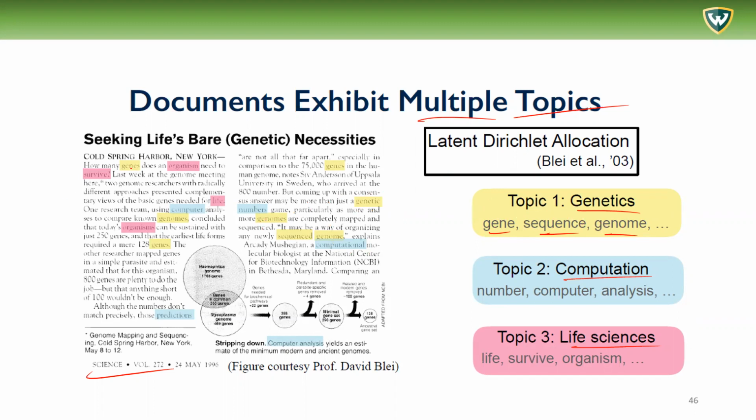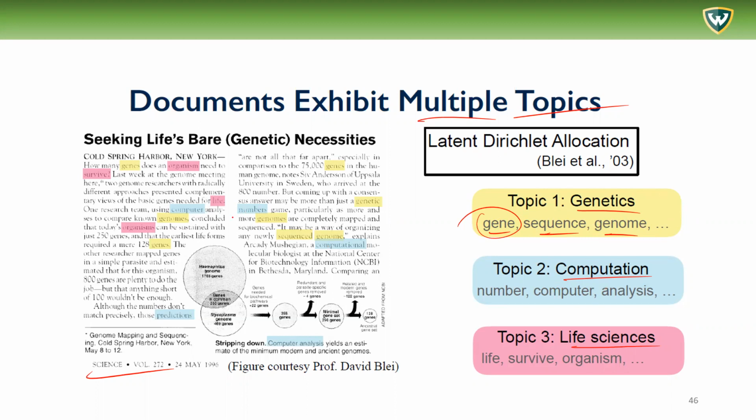So the words gene and genome and gene sequencing go together, and they all aggregate or cluster in this genetics kind of topic, which you might just call by the first word, gene topic.